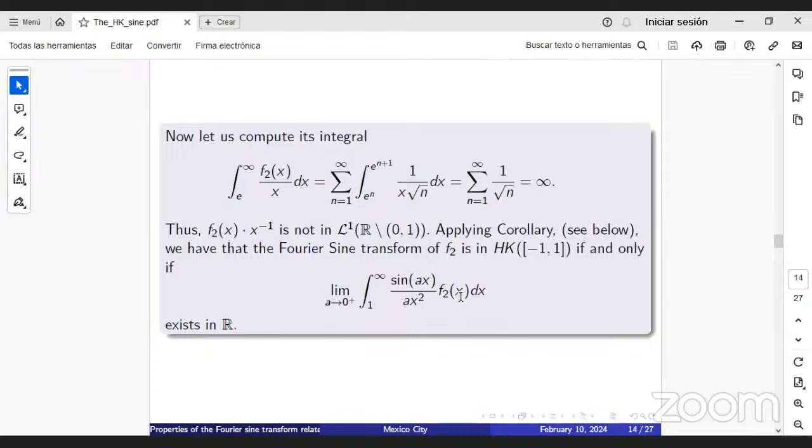Now let's solve the computed integral. This integral diverges. Thus f2 over x is non-Lebesgue integrable.